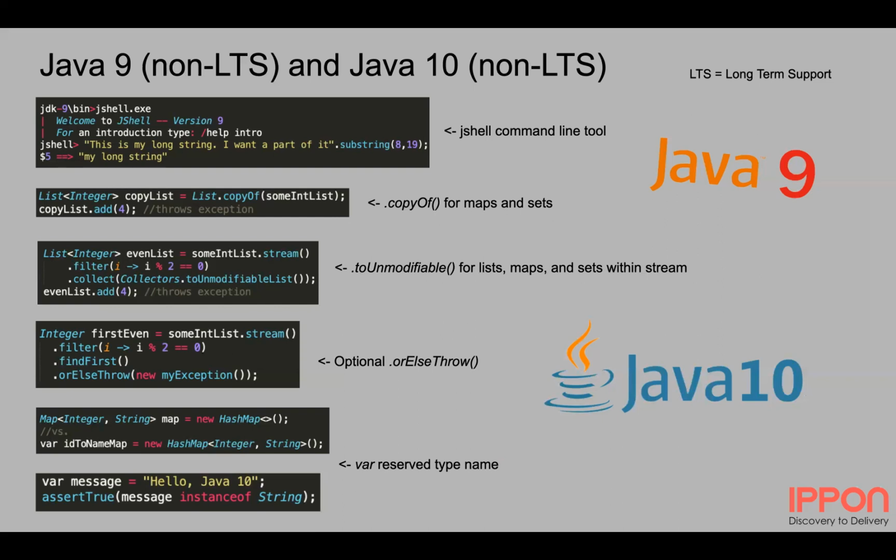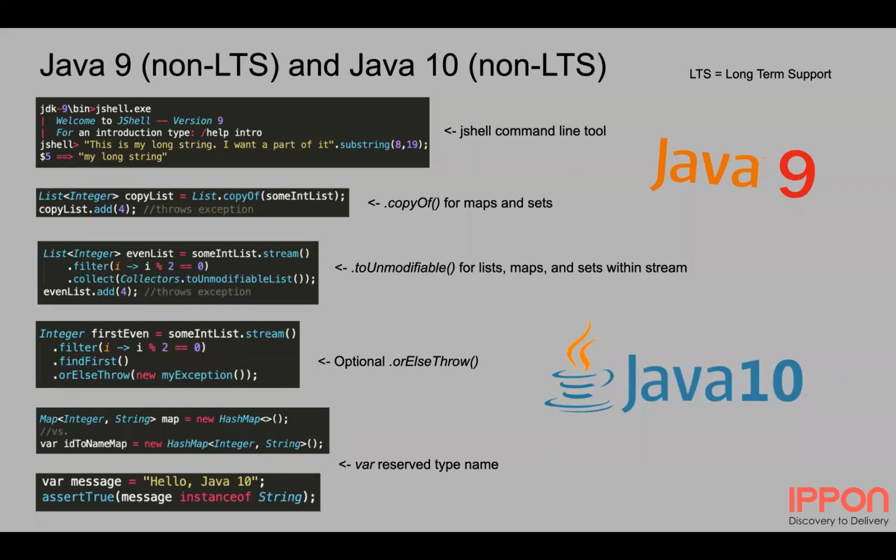So as opposed to the second to last example there, having to write Map, Integer, and String, you can just use var from the get-go. And actually, where it says HashMap Integer String, that is not required for that to work. Once you actually start using the HashMap, the compiler will be able to tell how you're using it based on your first operation. So it's pretty smart with the type inference there.